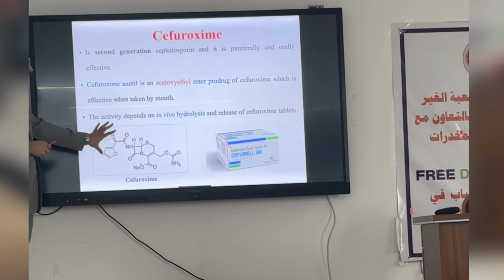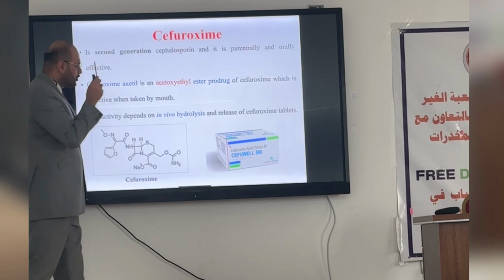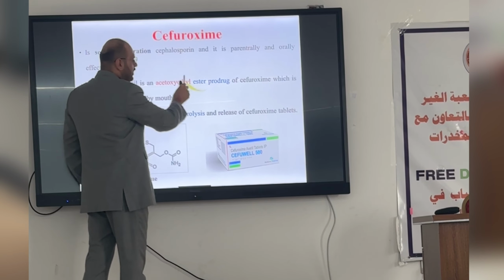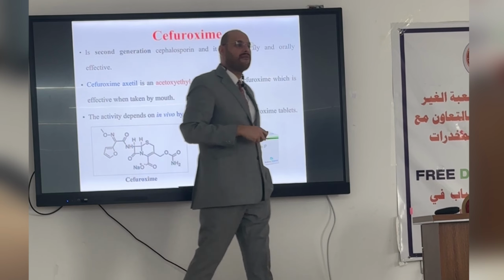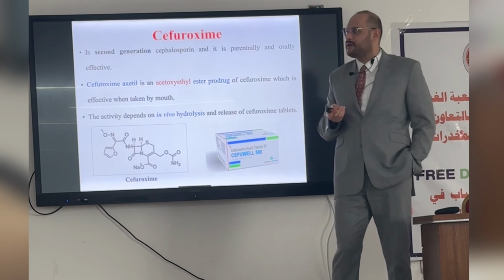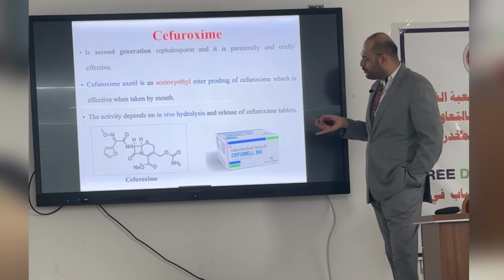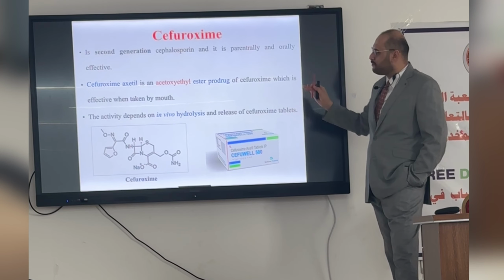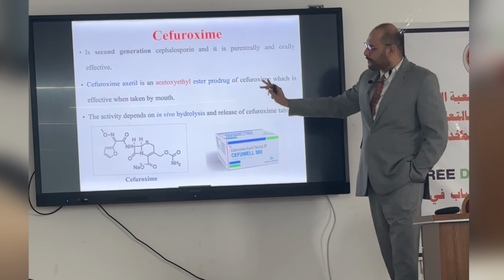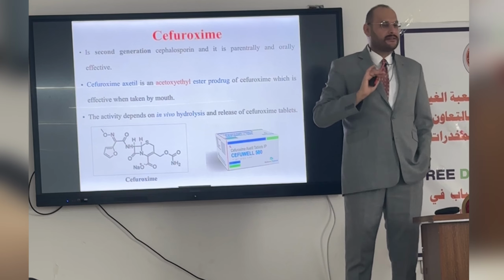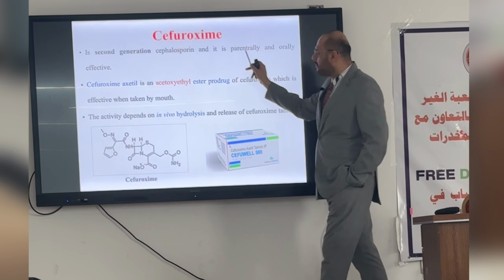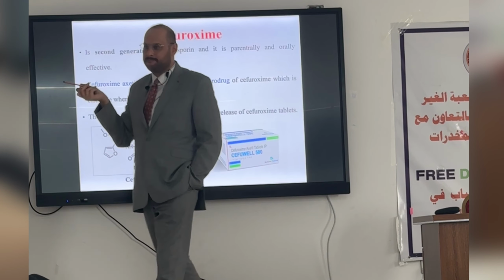And inside our body, because just as we hear this word ester, you know, inside our body we have esterase, and esterase means cleavage of ester bond, and cleavage of ester bond means activation of the drug. So this cephalosporin is active.